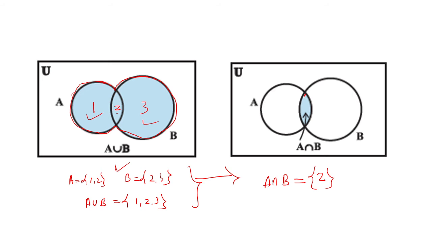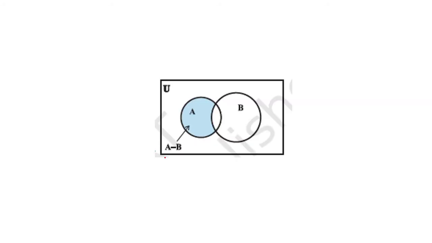A minus B means all the elements that are present in A but not present in B. So you cannot take any portion from B. So the authors have taken this portion from A only, not B.